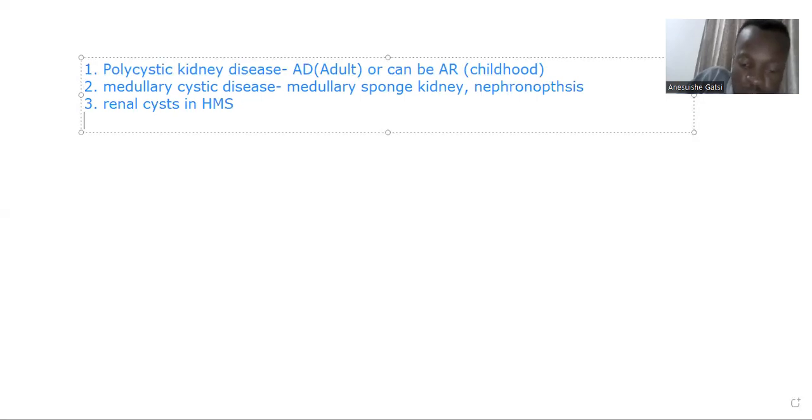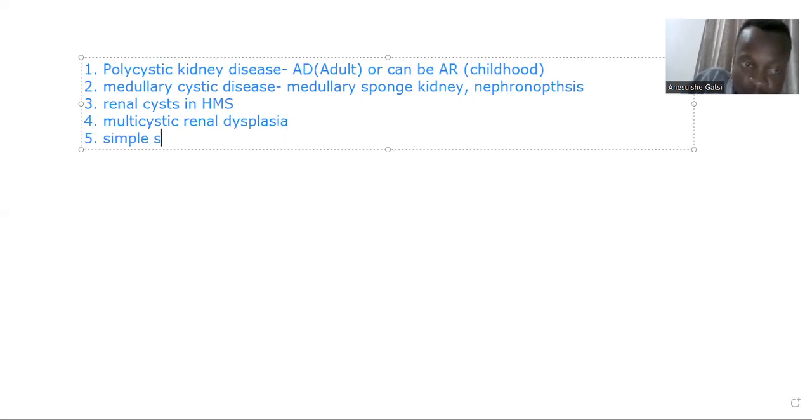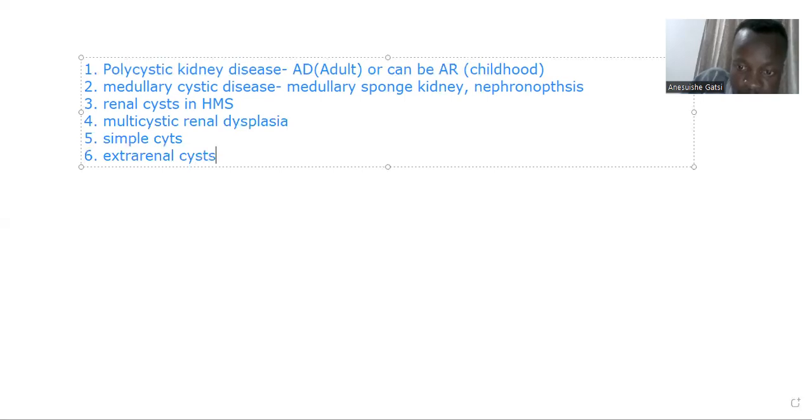Then we also have multicystic renal dysplasia, where we have more than one cyst. Then we can have simple cysts that are simply localized. Then we can have extrarenal cysts that are going to extend beyond the confines of your renal parenchyma.